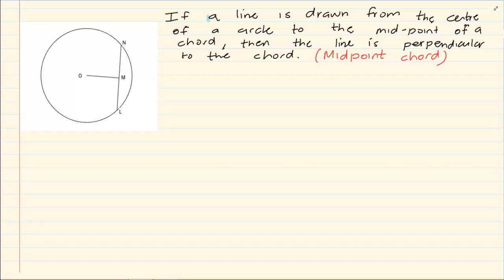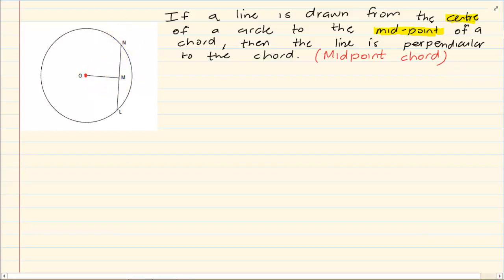What does it say? It says if a line is drawn from the center of the circle, so number one, we know that this is the center of the circle, to the midpoint. So they're telling us that this line is going to the midpoint of a chord. Now we've discussed a chord in our previous video.